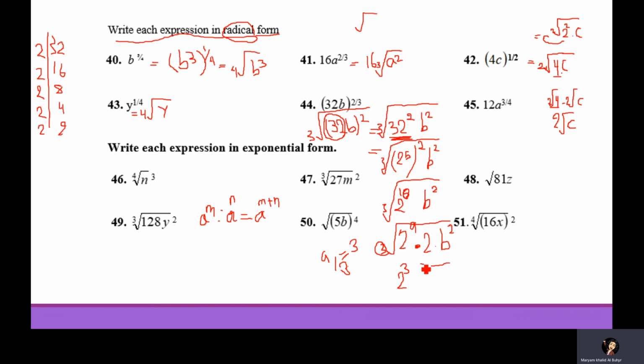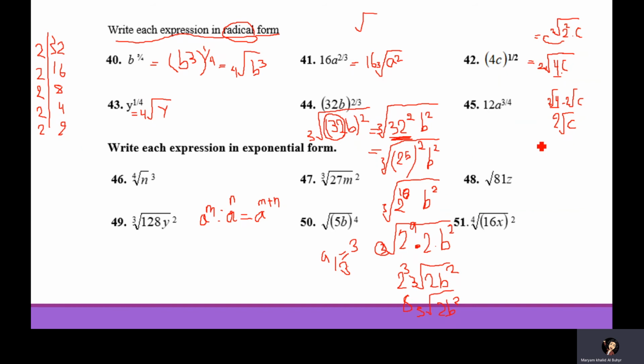Now I will leave the rest inside. 2b to the power 2. So what is this? I already know it. It's 8. The cubic root 2b squared, which is here is also cubic root.